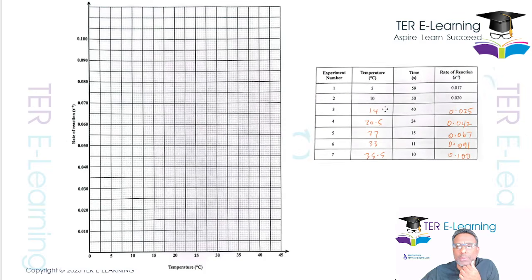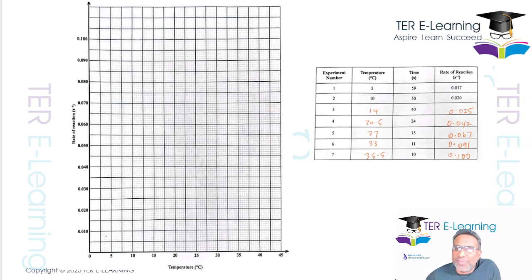Alright, so this is the data here that we're trying to plot. They've already drawn the axes first. Let's understand the scale. So the temperature axis is fine, that's straightforward. Every 2 small lines represents 1, so that is fine. On the other axis, that's okay to read off as well.